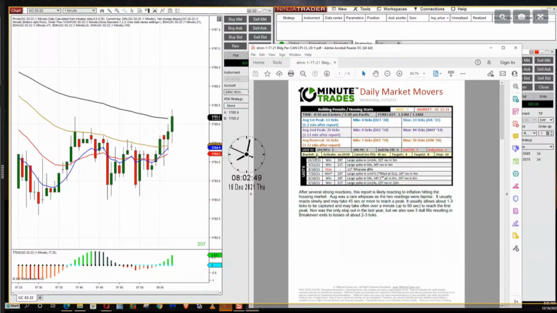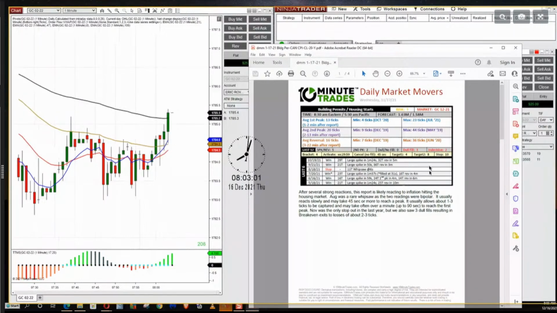So if building permits was by itself, it would have a smaller bracket than you have today because of all the extra reports. Now, look how reliable it's been. It's been nice and reliable, but it's not trading by itself, all right? It's not trading by itself.